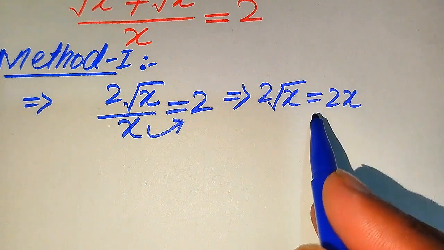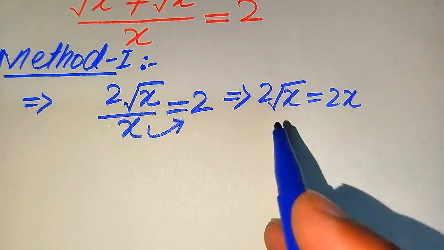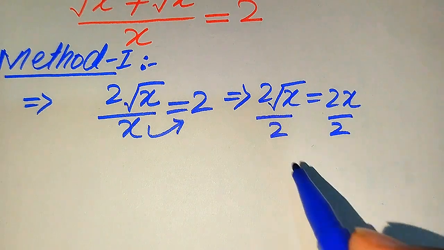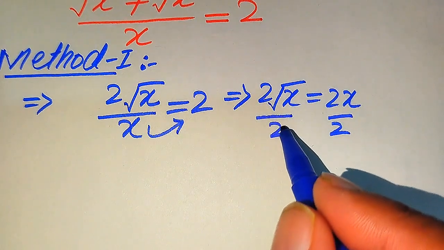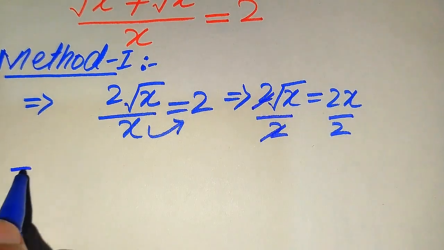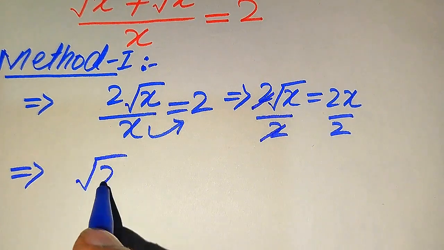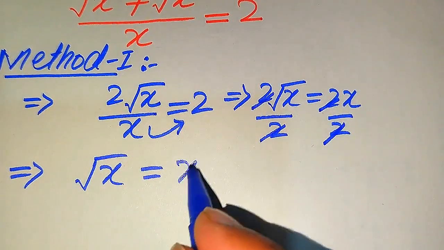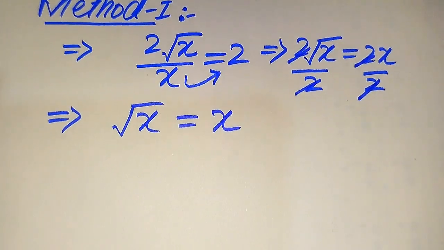Now you see here both of these two terms involve 2, so we divide both of the sides by 2. When we divide both of the sides by 2, this 2 is cancelled out by this 2, and we get square root of x is equal to x only.